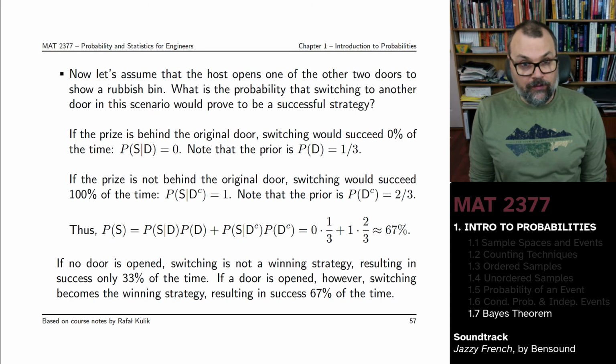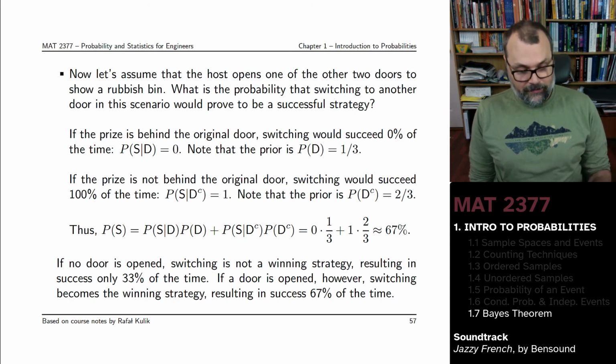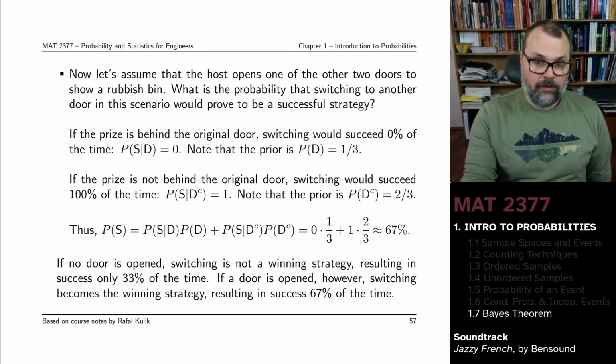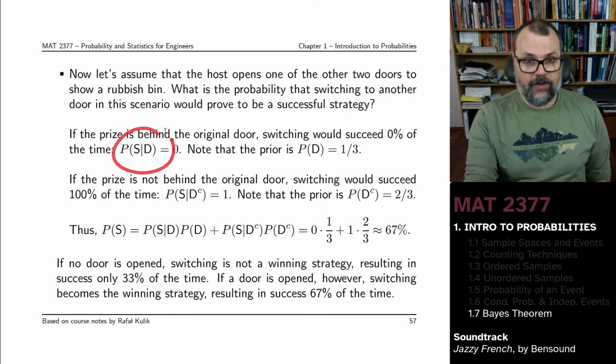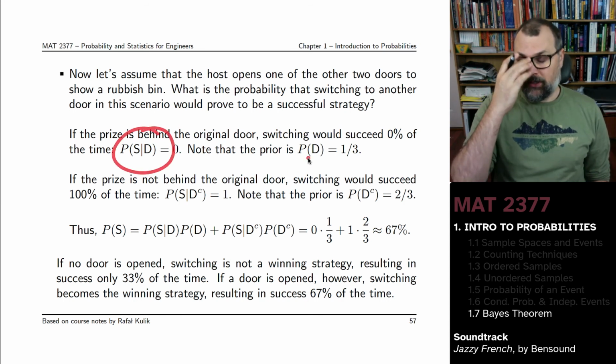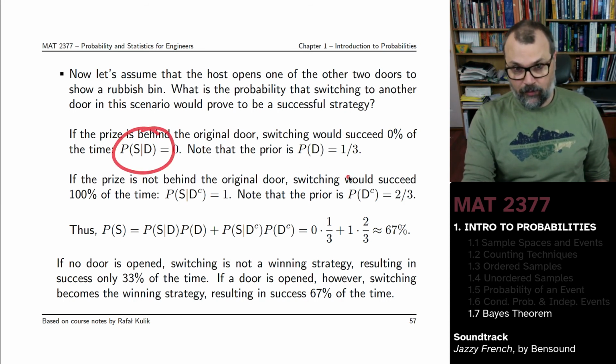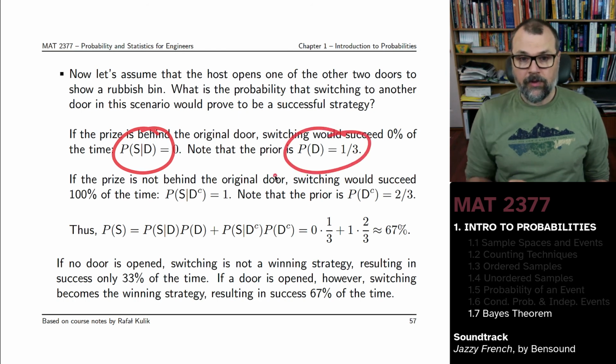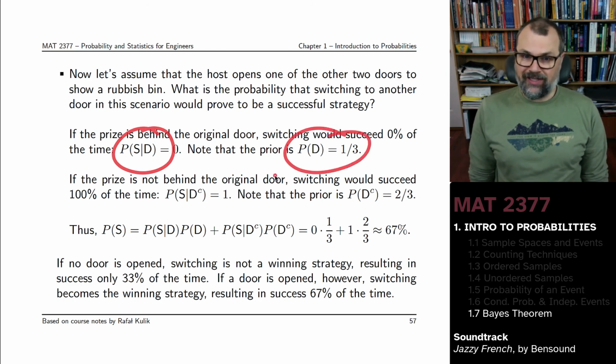Because if you switch, you've lost your ability to win the prize. So that hasn't changed. And the prior for the prize being behind the original door is 1/3. So this information hasn't changed at all. It's the same setup as the original.